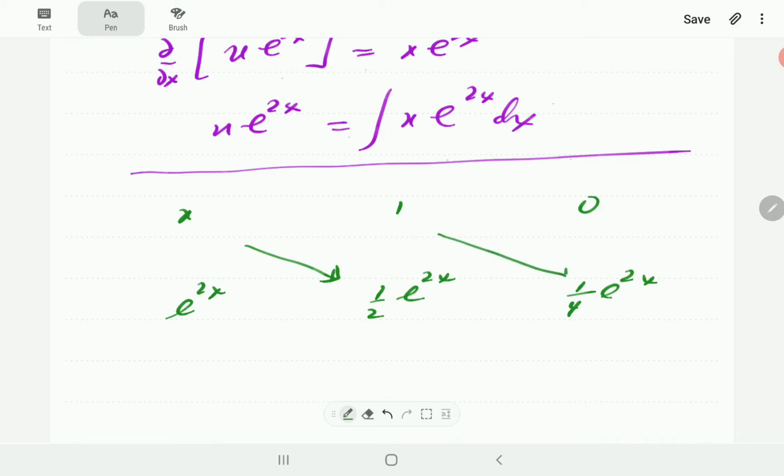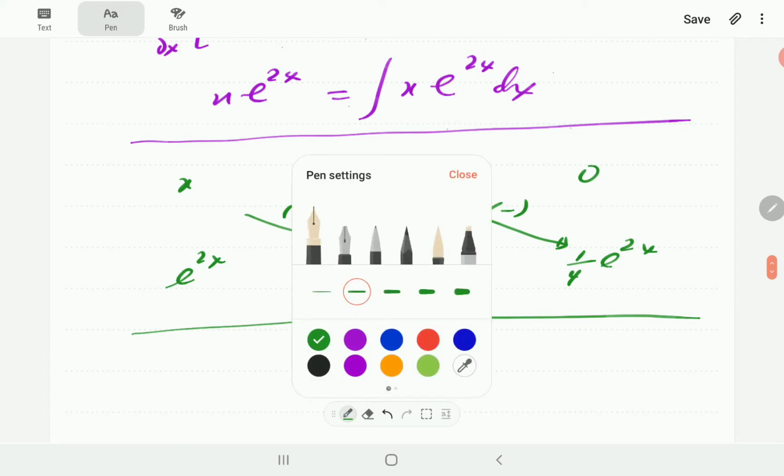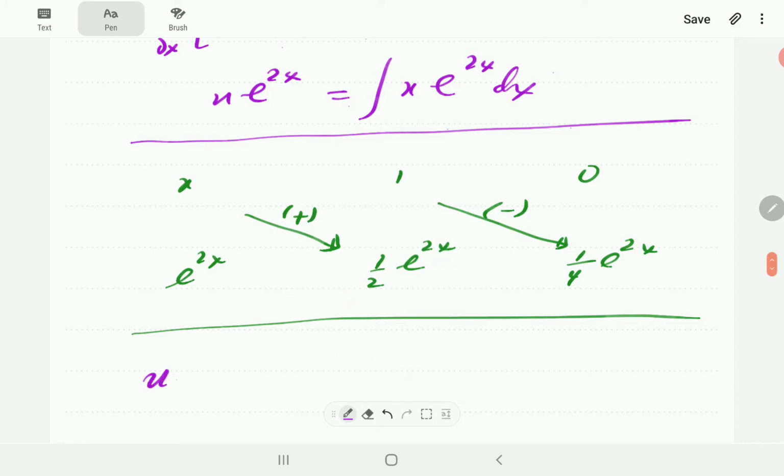So whenever we have a polynomial times either an exponential or sine or cosine or hyperbolic sine or hyperbolic cosine, then we will always go for tabular integration. That's what we recommend you do as well.